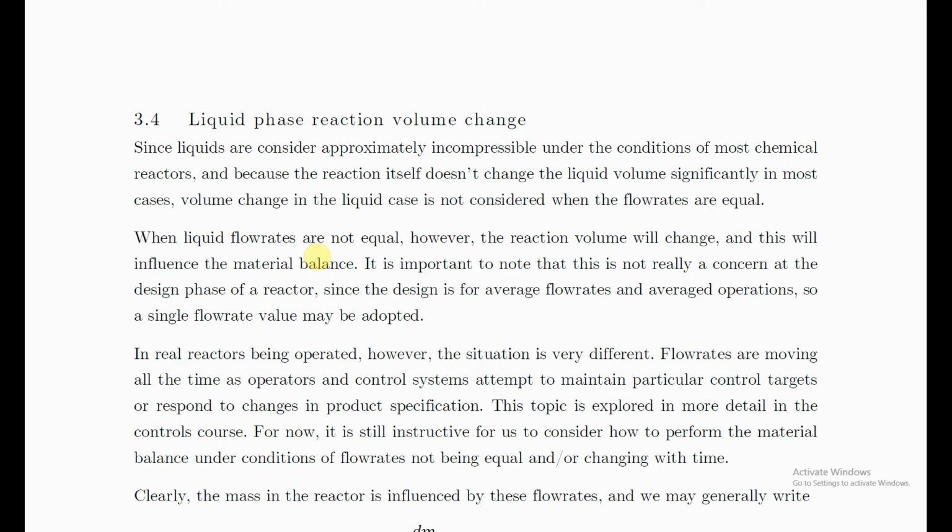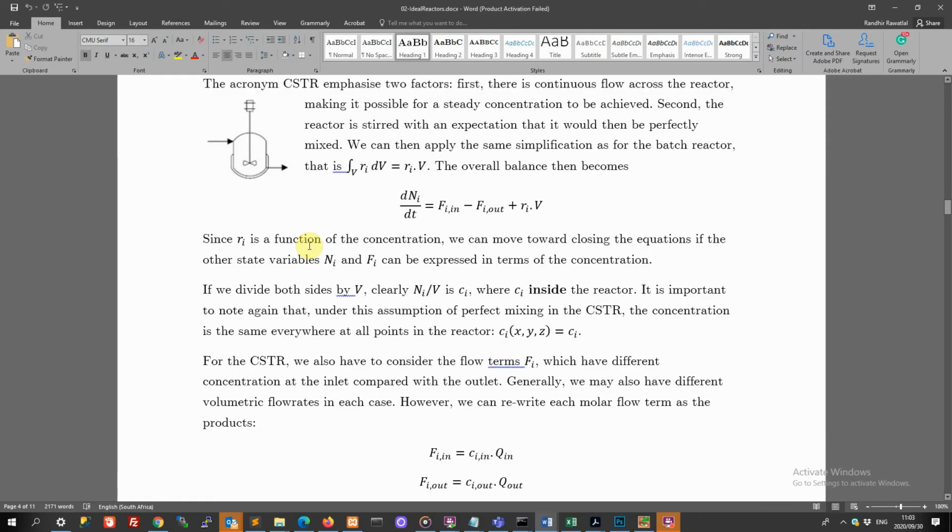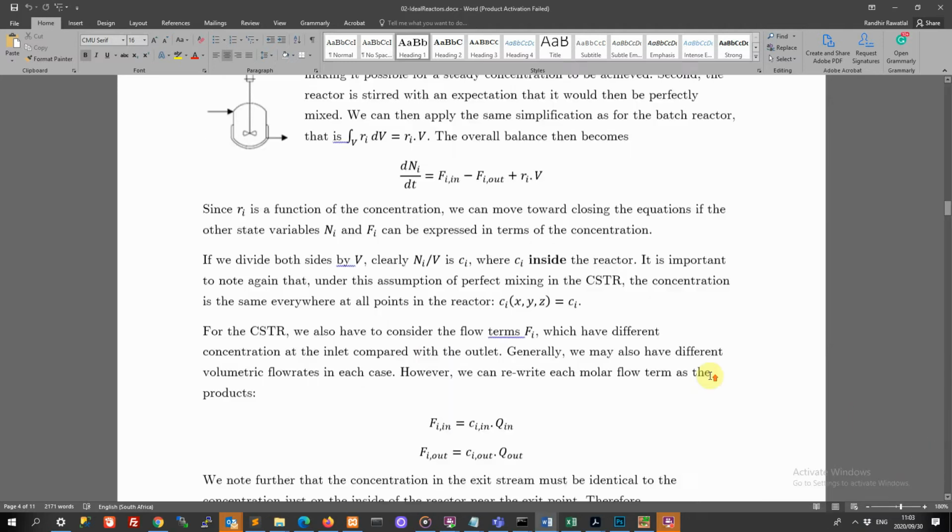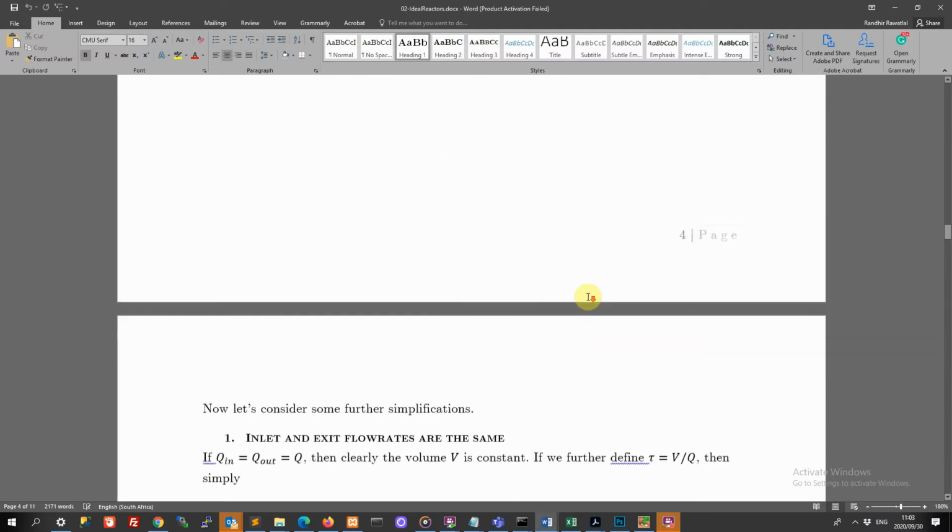However, the reactor volume can change purely because our flow rates are not necessarily nice and equal or even constant. And remember, when we did the development for the CSTR, that was one of our big assumptions, right?